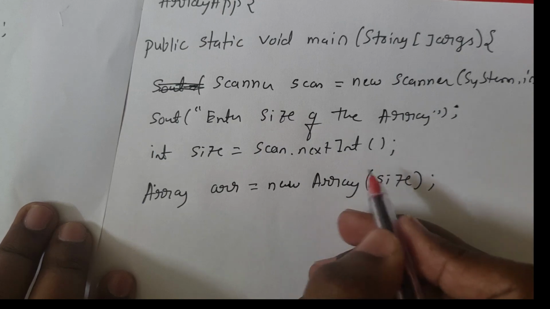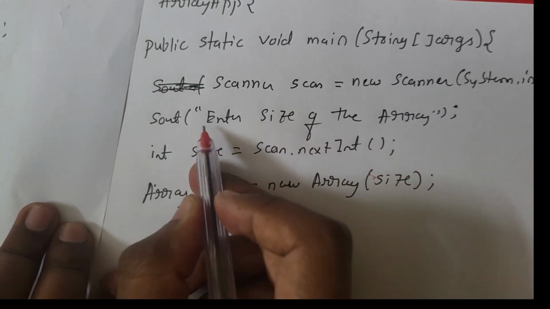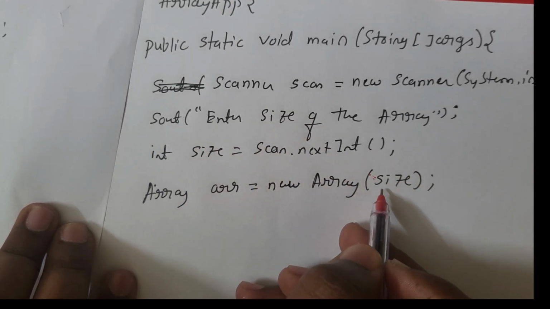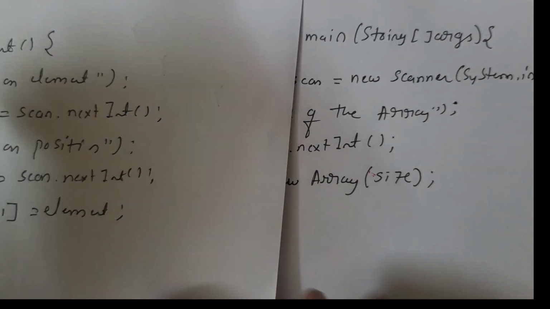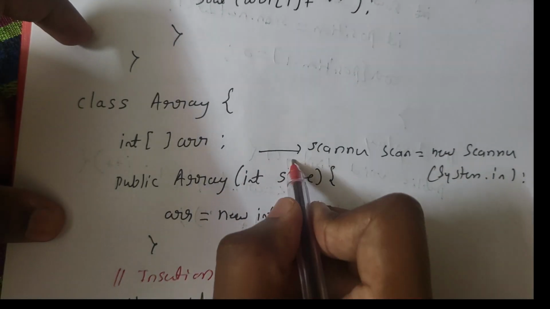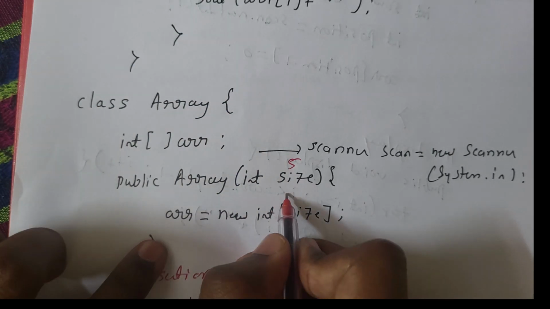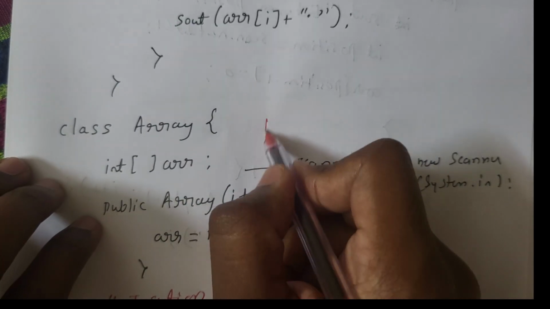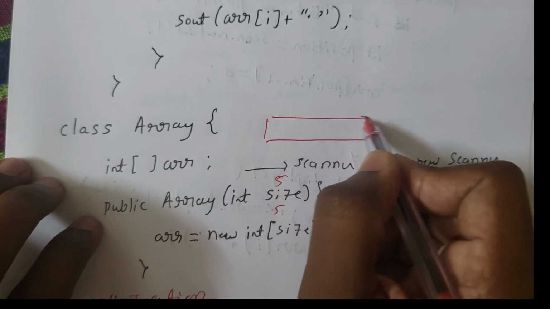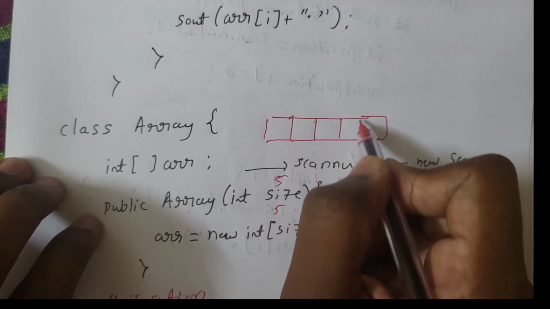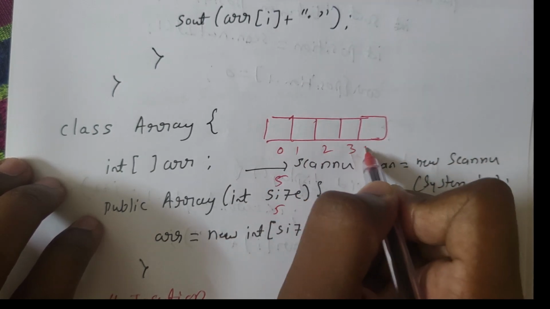While creating the object only, we are passing size. So the user entered size 5, and while creating the object, this constructor would get called and the array would get initialized with size 5. Now one array would get created with size 5, right?